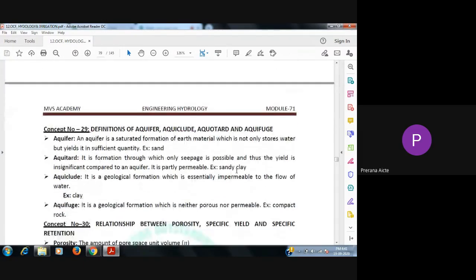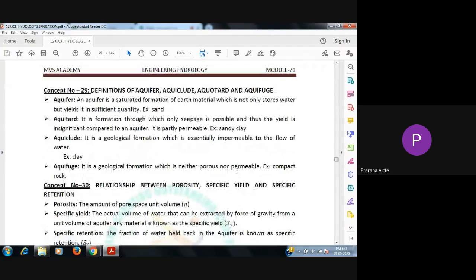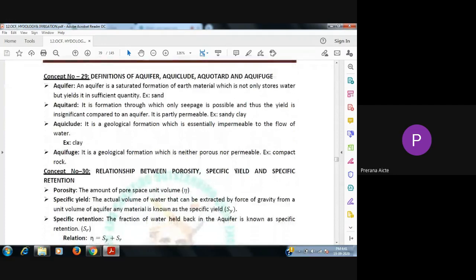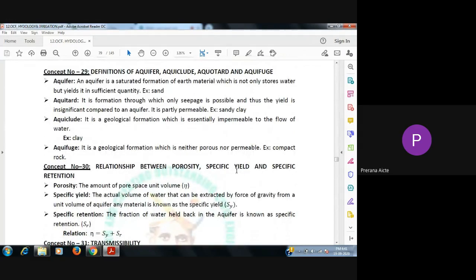So what is an aquifer? An aquifer is a saturated formation of earth material which not only stores water but yields it in significant quantity. A best example is sands. An aquifer is a geological formation which contains water and transmits water.